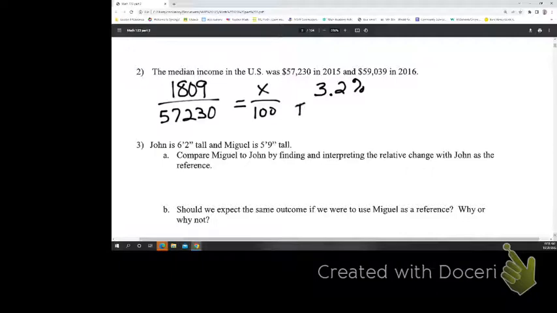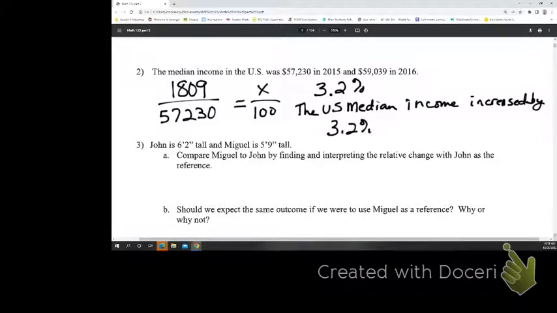So the U.S. median income increased by 3.2% from 2015 to 2016. I suppose since that's just 1 year, I could probably just say in 2015, but I'll leave it worded the same way.